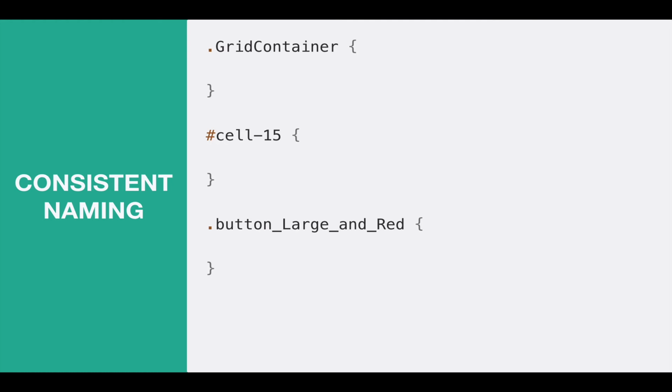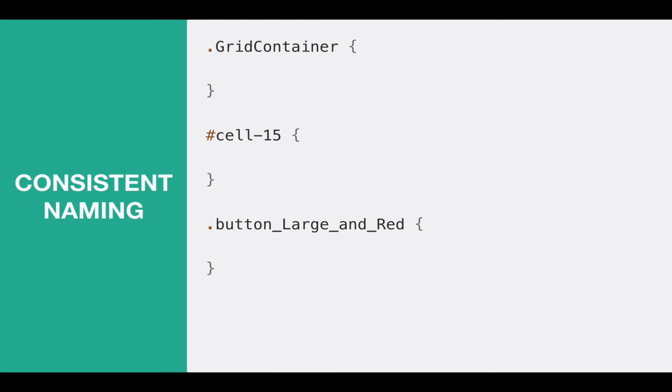You can see here that we're using all sorts of different conventions. We have camel case at the top. We're using dashes for the ID. We're using underscores for that class, along with capitalization for some reason. So all different ways. The reason we don't want this inconsistency is it makes it more difficult to know what our class name is going to be. Do we capitalize or do we lowercase?